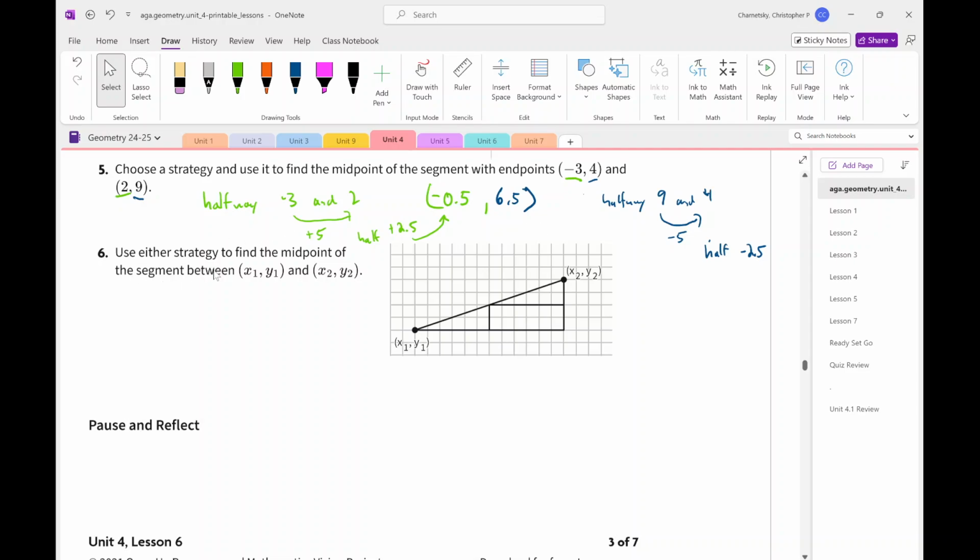Use either strategy to find the midpoint of the segment x1, y1, x2, y2. So really we're coming up with a general formula for this. If we're taking the averages, we could add our x's together, so x1 plus x2, and divide by 2, and y1 plus y2 divided by 2.